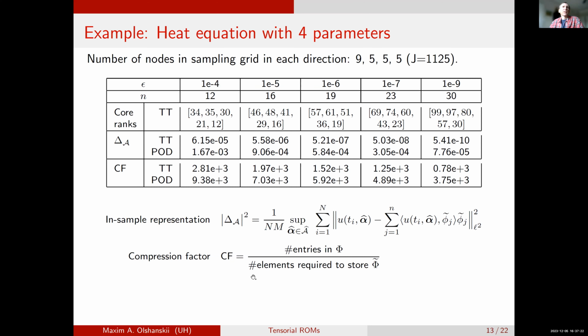These are some examples of the tensor ranks. We have 5 ranks for the 4 parameter problem, and how they depend on the accuracy of the low rank tensor approximation. From left to right we increase the accuracy, so our rank increases, but not that much.